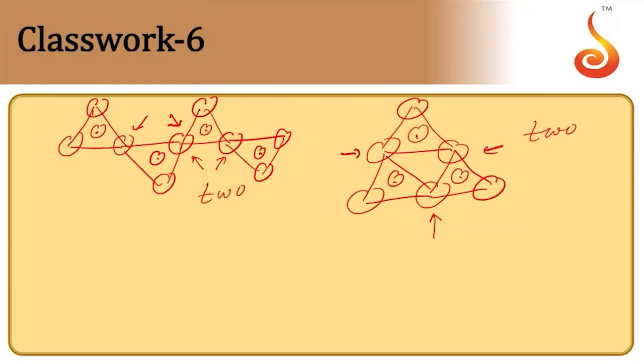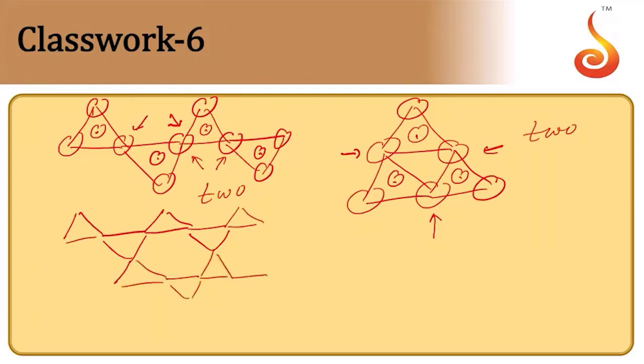When it comes to sheet type silicates, take one straight chain like this, then one more should be added here, which can be called double chain silicates. To get a sheet, add one more at the bottom, and so on.